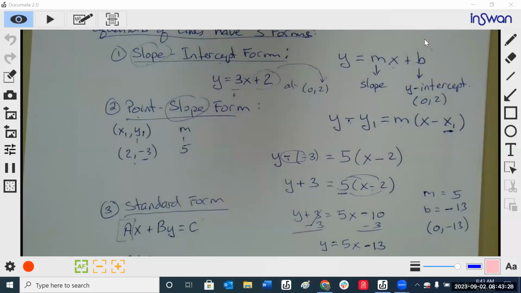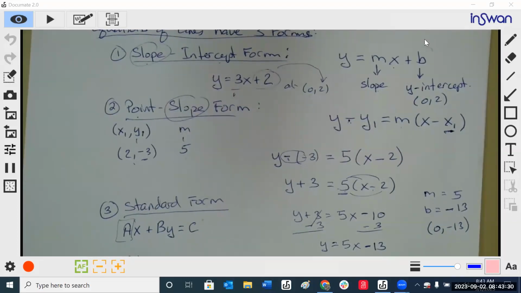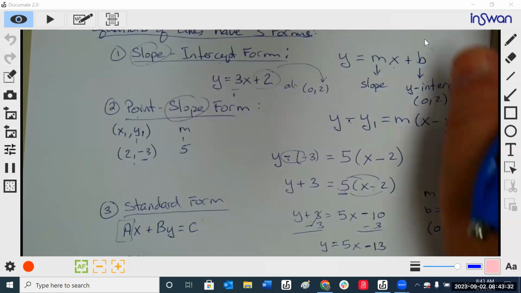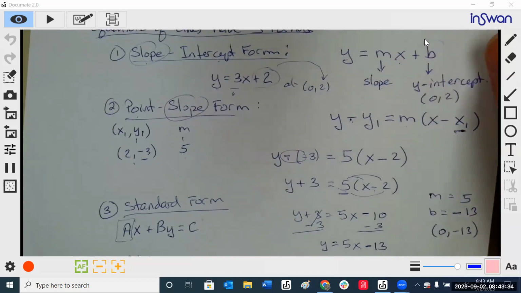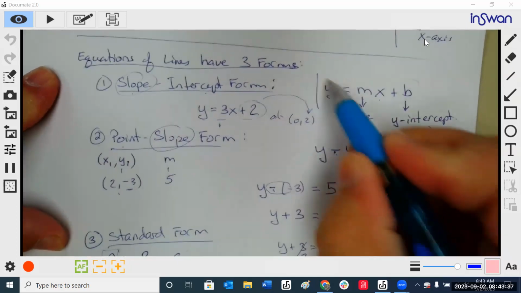It all starts from the slope equation. Show you how. It's pretty cool, actually. So we know the three formulas are here.